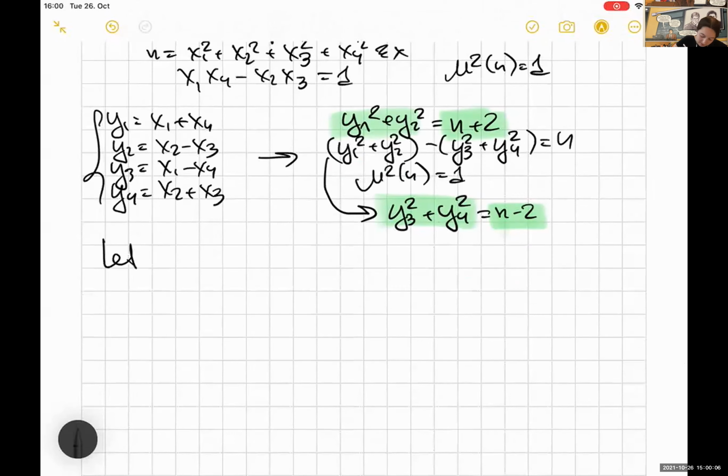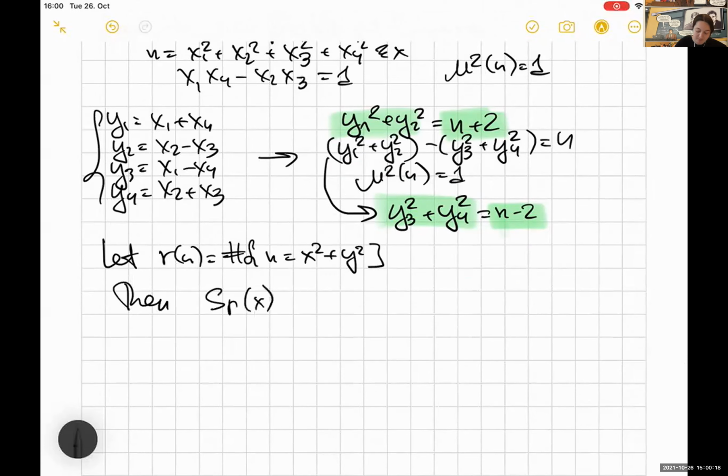So let r of n be the number of ways to write n as a sum of two squares. Then we note that S sub gamma of x, by this change of variables, is bounded from below. Well, I lose a factor of 4, since r of n is equal to 4 times the sum over d dividing n of chi 4 of d, but I lose the factor 4 here.